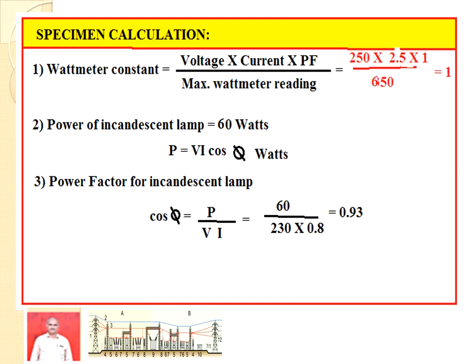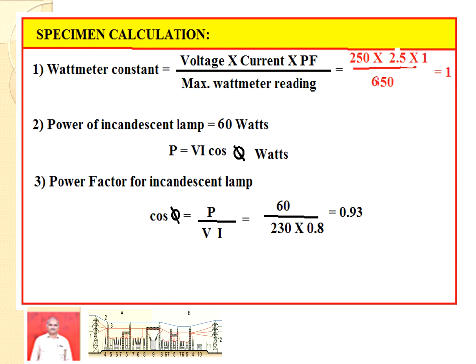In this case, the wattmeter constant becomes 1. Wherever we are using analog wattmeters, this calculation is very important, because the actual power measured in the circuit is given by wattmeter reading into wattmeter constant. Very important, try to remember.